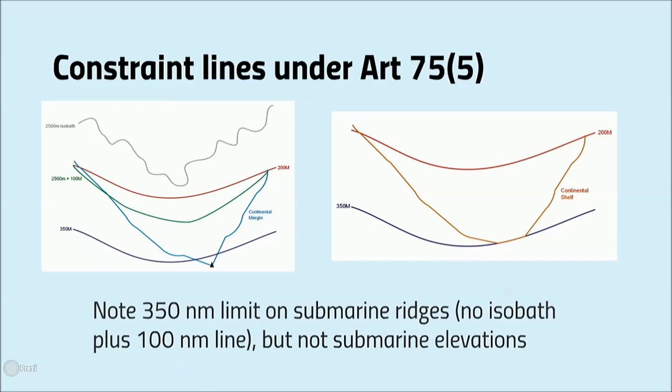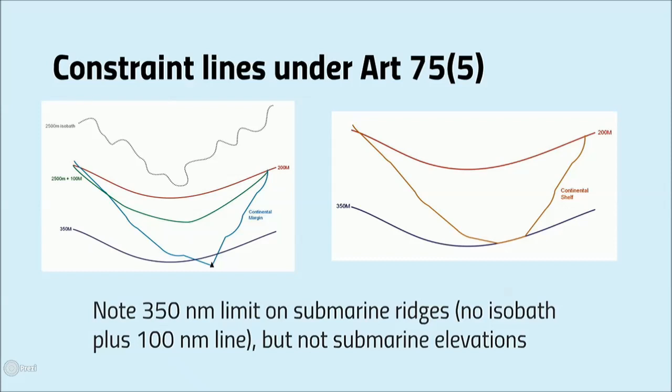Your continental shelf cannot extend beyond certain constraint lines set out under Article 76.5. And those two constraint lines are effectively the greater of 100 nautical miles from the 2,500 metre isobath.